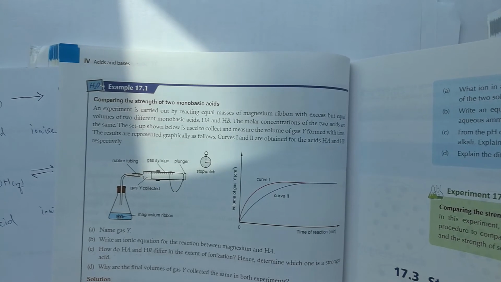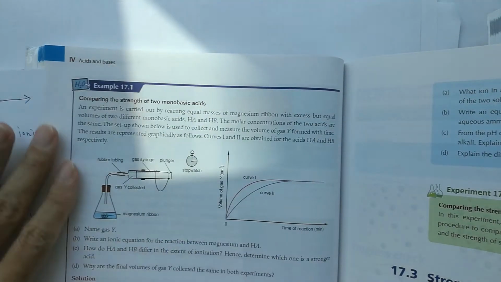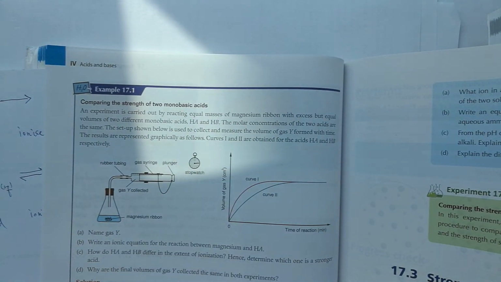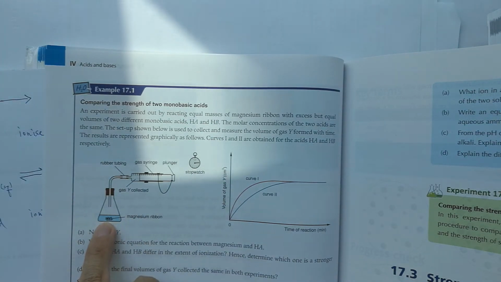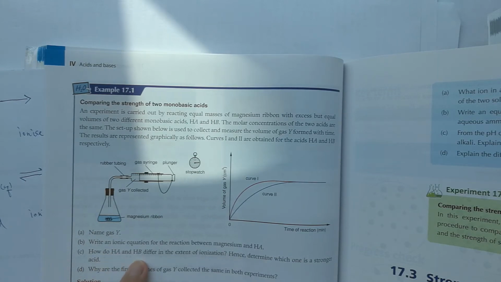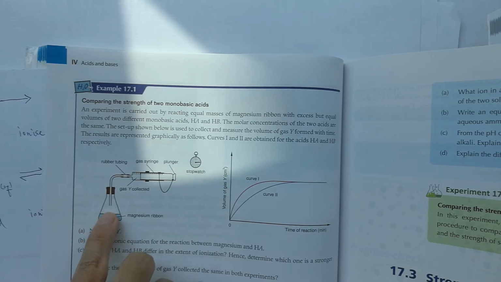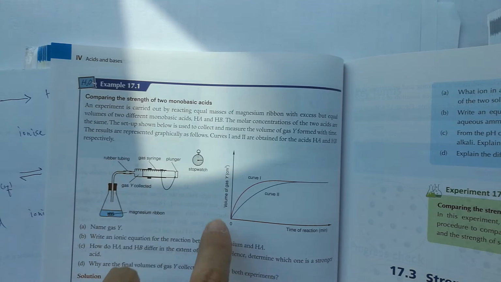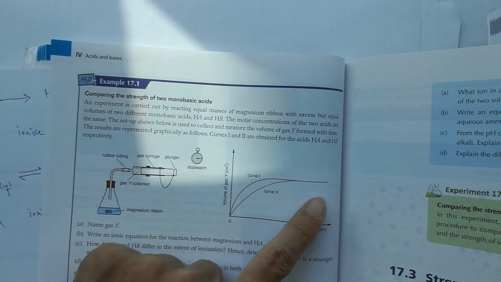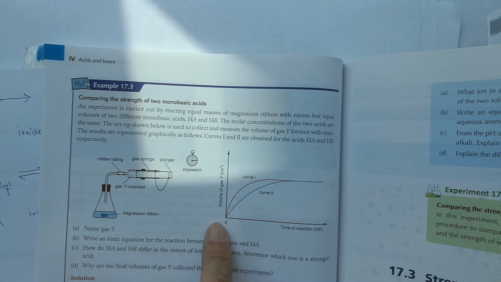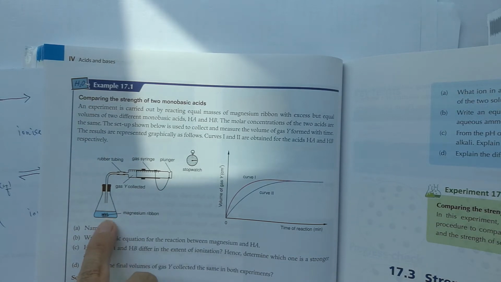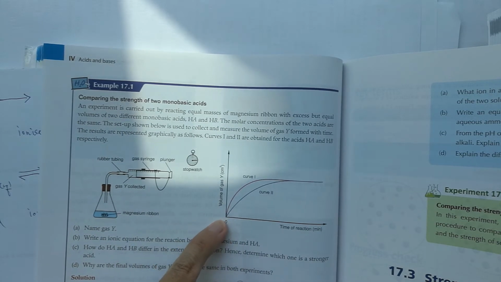Now we look at the third one. The third one is we put magnesium into two acids, HA and the other one HB. And then we measure the volume of gas at different times. At the beginning, the reaction has not started, so no gas evolved.